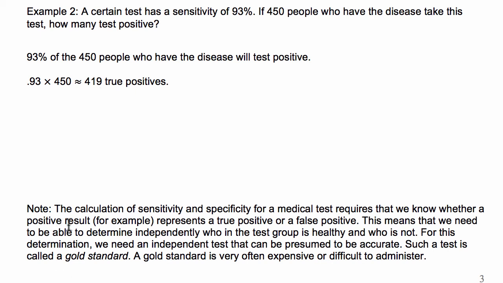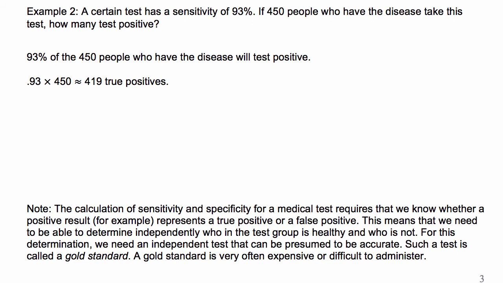Note, the calculation of sensitivity and specificity for a medical test requires that we know whether a positive result, for example, represents a true positive or a false positive. This means that we need to be able to determine independently who in the test group is healthy and who is not.